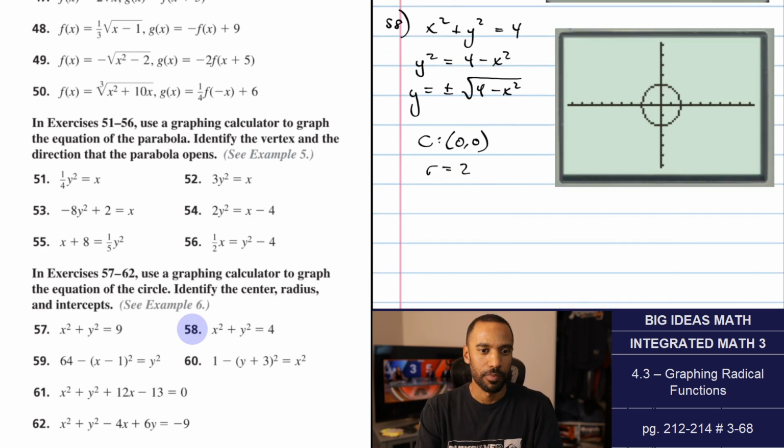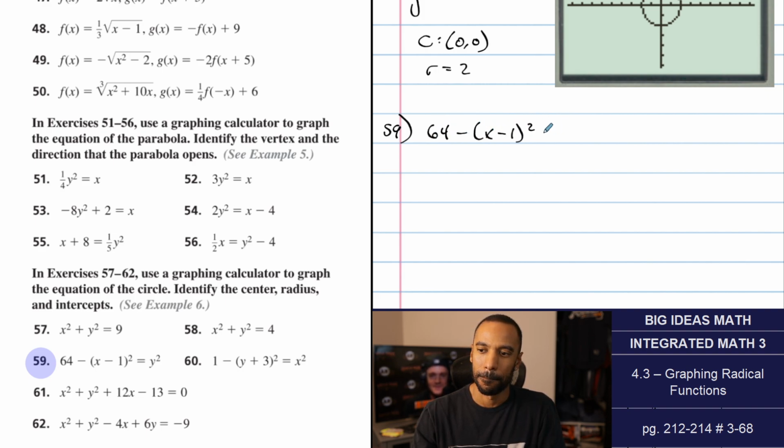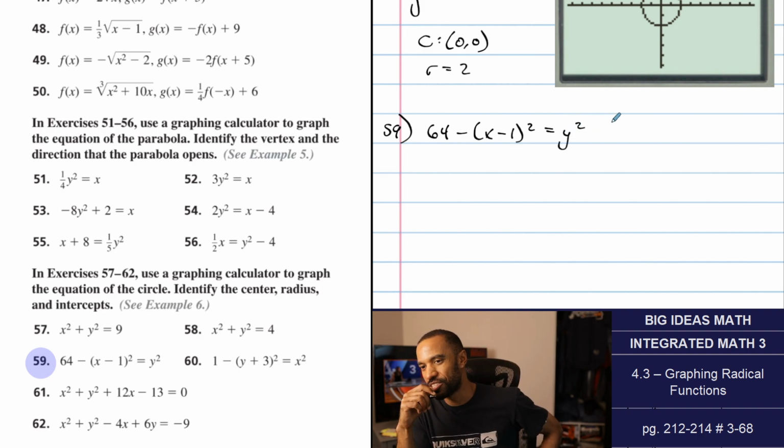Okay, number 59. Well, this one is a little wonkier as far as without me actually writing it in standard form of the equation to tell you exactly what it is. I think I can see the information for what it is. But because it's already squared, I guess we just do the square root straight up.